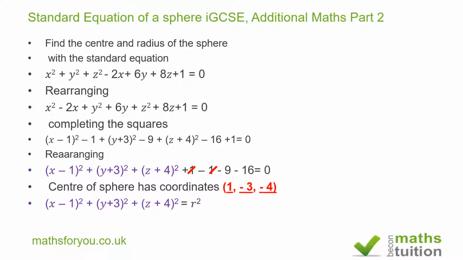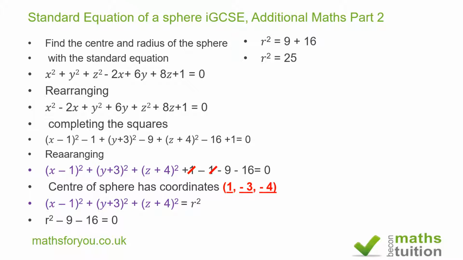In effect, we replace all of that with r squared. So we end up with r squared minus 9 minus 16 is equal to 0, and r squared is equal to 25.